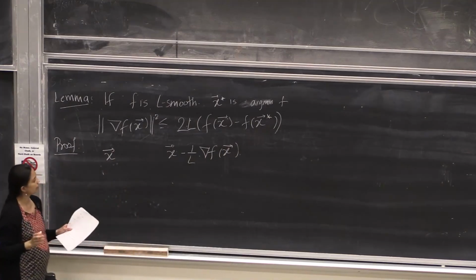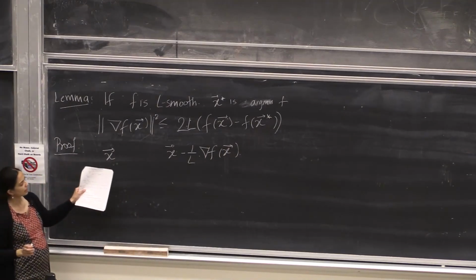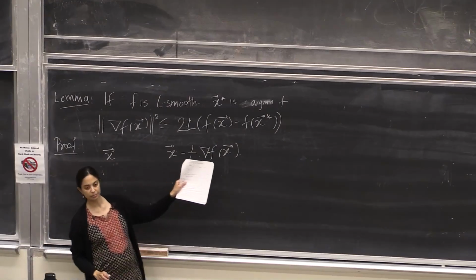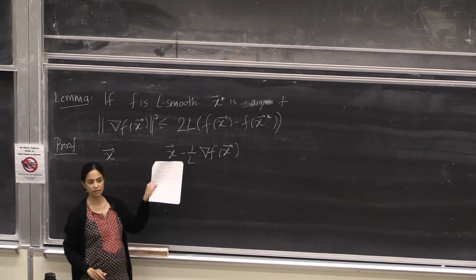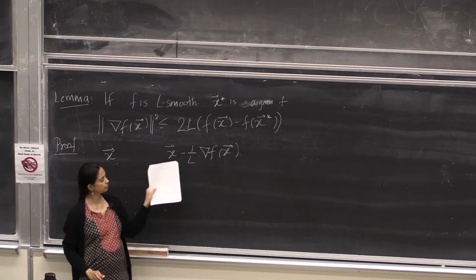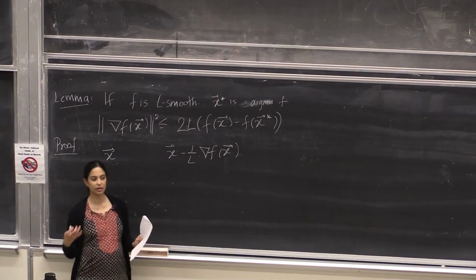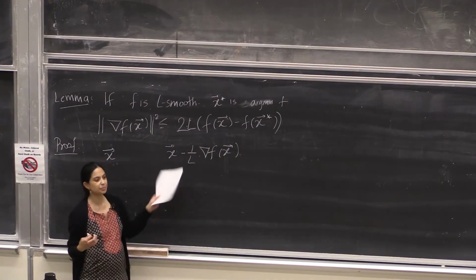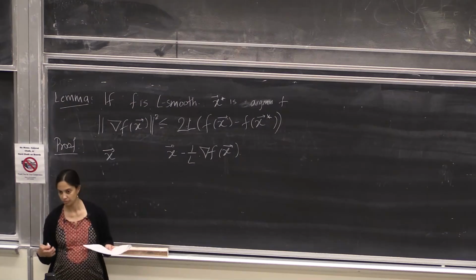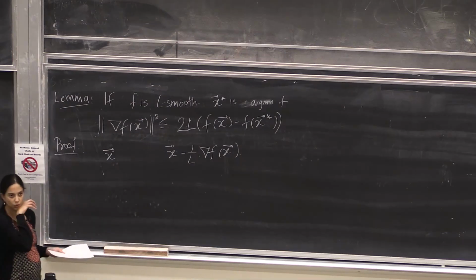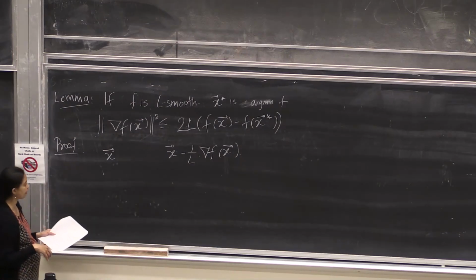So I'm at x, and let's say I take a gradient step from x to this point, x minus 1 over L gradient f of x, right? So I'm moving in the gradient descent direction. And my step size I'm choosing is 1 over L. And you'll see why I'm choosing this 1 over L eventually.